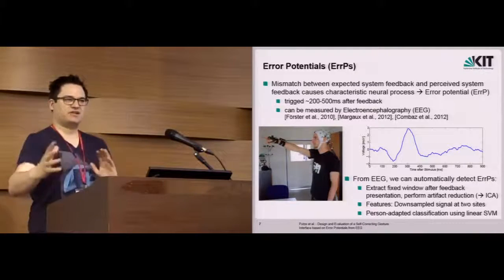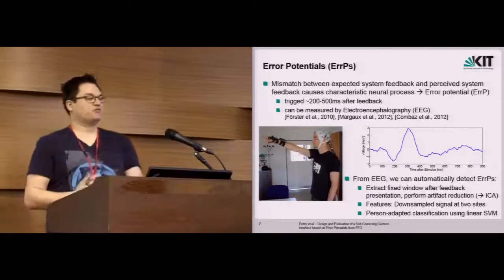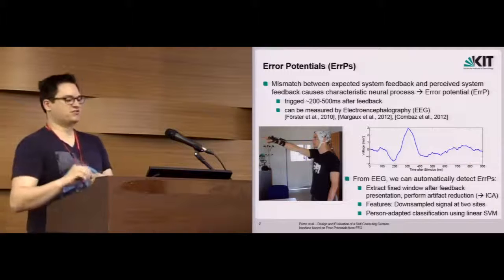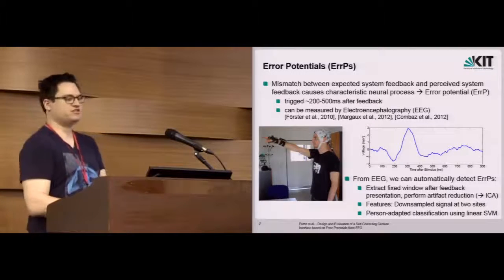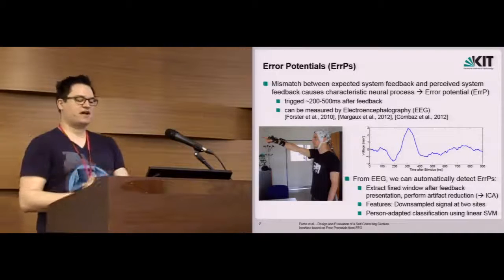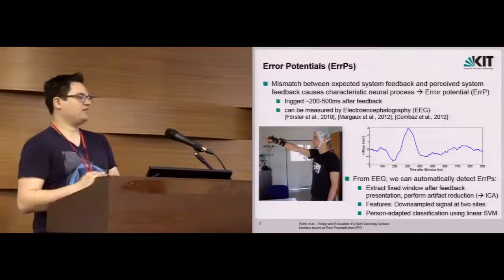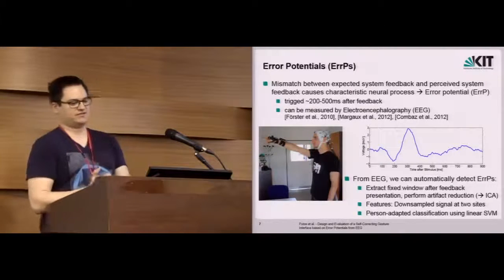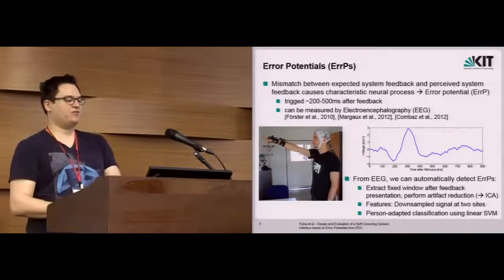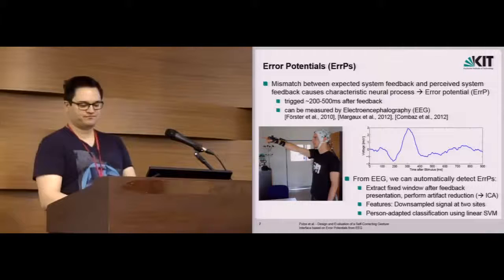That means that when we take such an EEG input stream, we can try to automatically detect those error potentials. We extract a fixed window after the feedback presentation from the EEG signal, perform some artifact reduction, use features in time domain, using data from 2 electrodes at the user's skull, and then perform person-adapted classification using linear support vector machines.